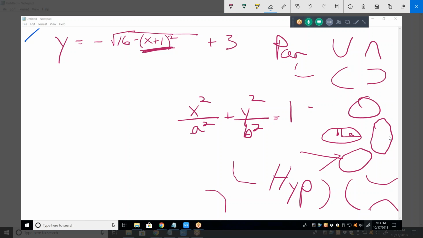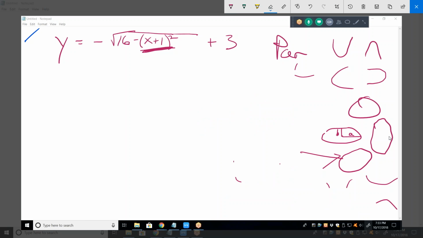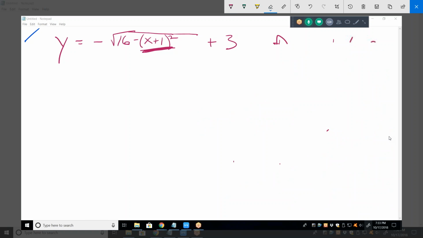So if we go back and look at our equation again, now that I know it's not a parabola, and I can see why it isn't, if I square both sides, I get y squared equals, well, how do I square that?